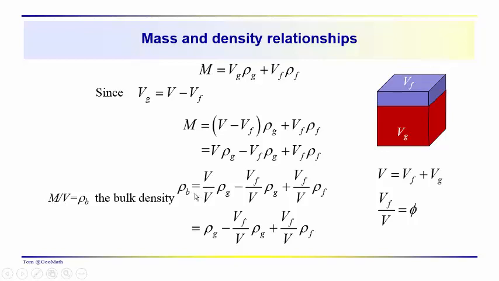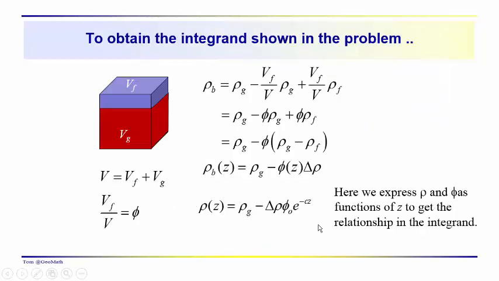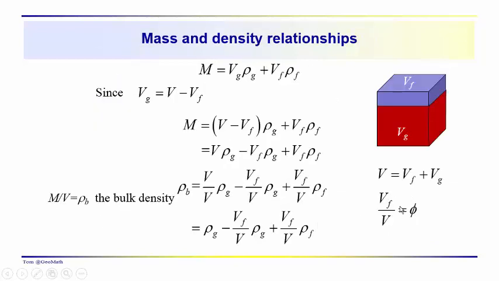Now, since the density is equal to the mass per unit volume, we divide the total mass by the total volume, just dividing both sides of the equation by V. This gives us rho sub G minus V sub F over V times rho sub G plus V sub F over V times rho sub F. I should point out that V sub F over V, this term, is equal to the porosity.